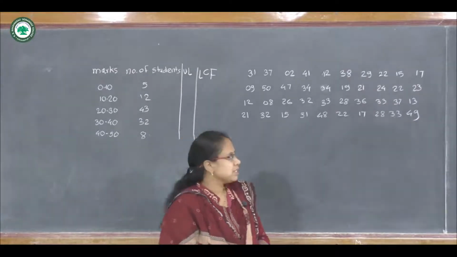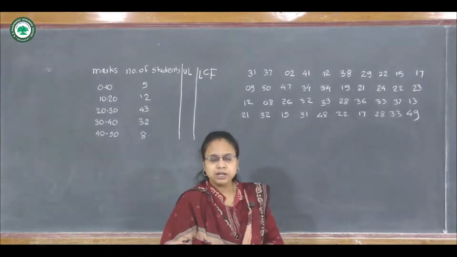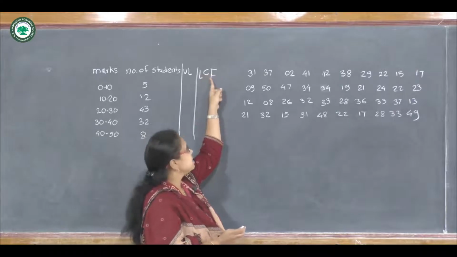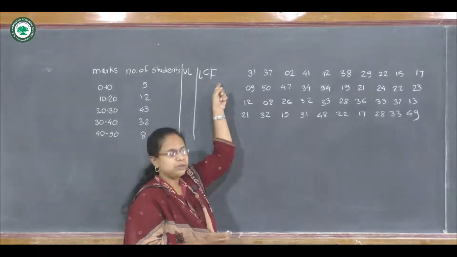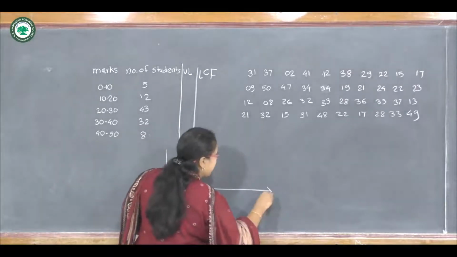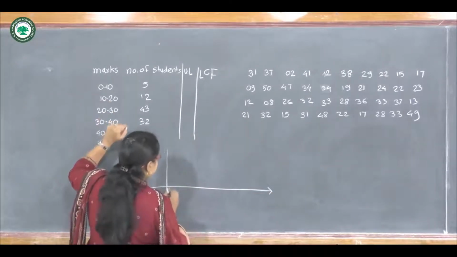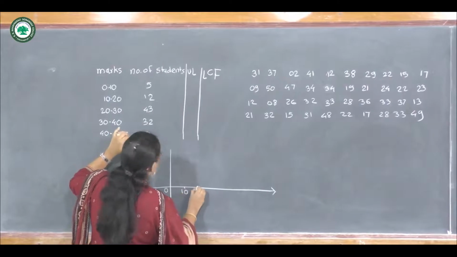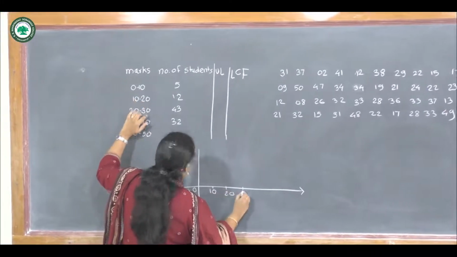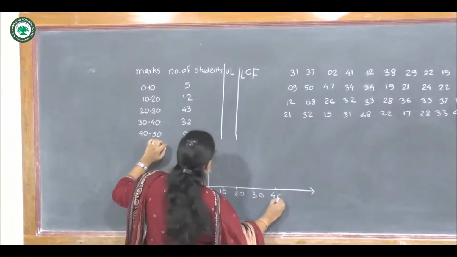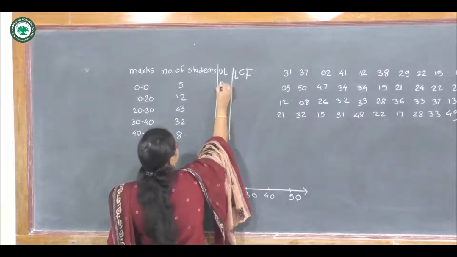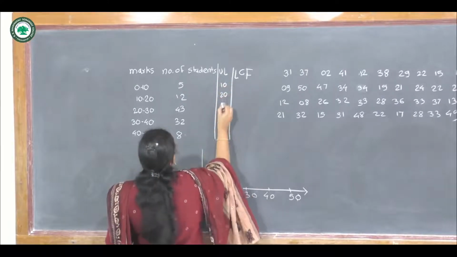First is the less than cumulative frequency curve. For that we will need UL, the upper limit, and LCF, the less than cumulative frequency. On the x-axis we have to take the upper limits. Here we can see that the upper limits are 10, 20, 30, 40 and 50, and on the y-axis we have to draw the LCF.